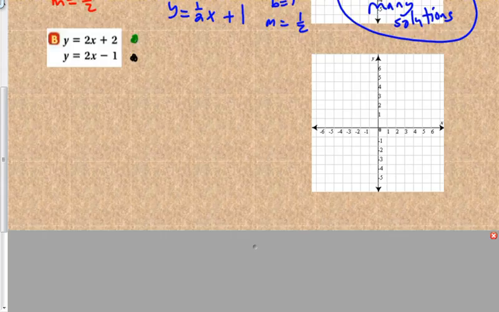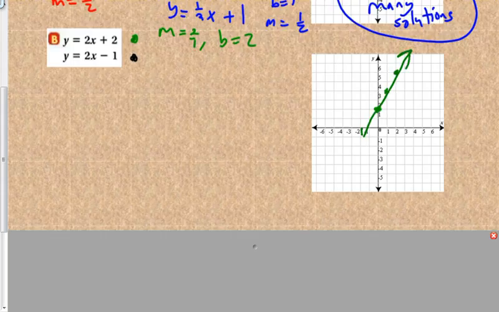So the first one we have in green, the m is 2, or 2 over 1, and the b is 2. So we're starting at 2 on the y-axis. We go 2 over 1, up 2 and over 1, up 2 and over 1, rise over run.